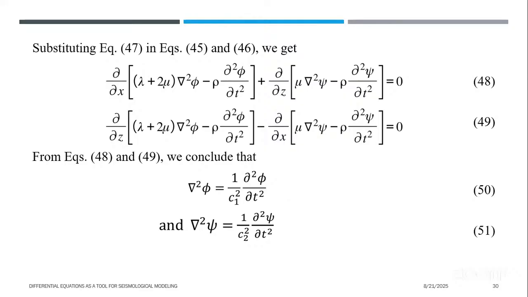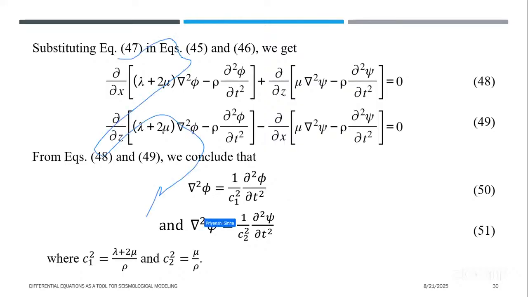If we assume something related to that, we may get this equation solved. So what is that? Here C1 is lambda plus 2 mu by rho, and C2 is mu by rho. If you see here C1 and C2, which one is higher? This C1 is higher.